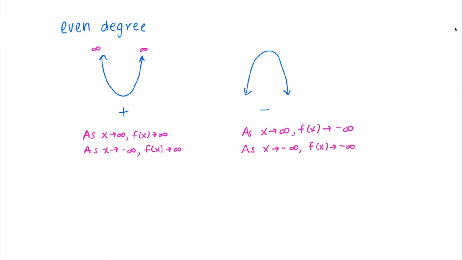So we notice that both ends of our function, when we have an even degree, have the same end behavior. They either both point in the positive infinity direction or they both point in the negative infinity direction. And again, we can distinguish between that by the leading coefficient, whether it's positive or negative. So that's an even degree.